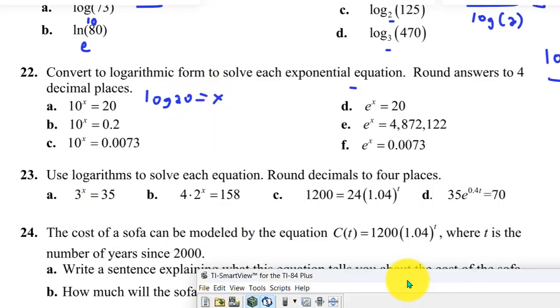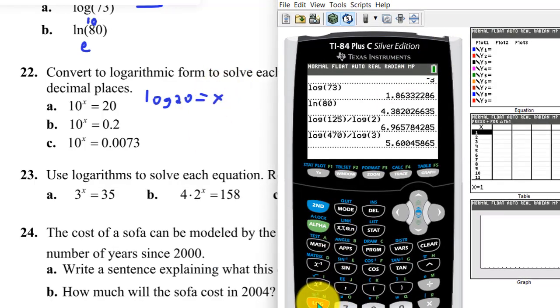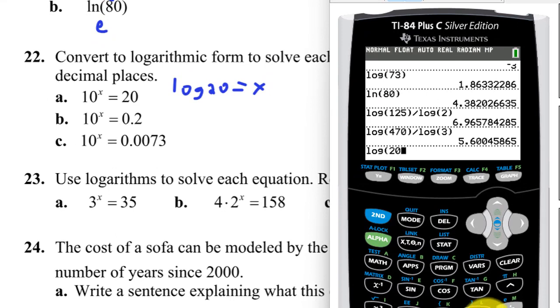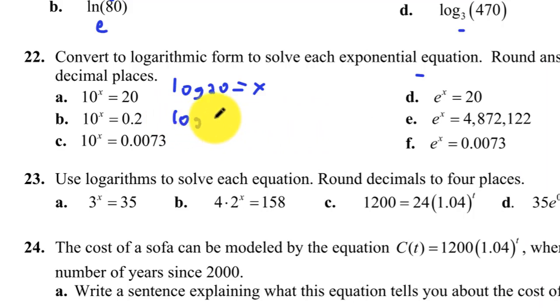So for something like this, we would just type in log 20 in my calculator, press enter, and you see my answer is 1.3010, right? That would be my answer for number 22. Number 22B, I would write log, and you don't have to put the parentheses there, but your calculator does.